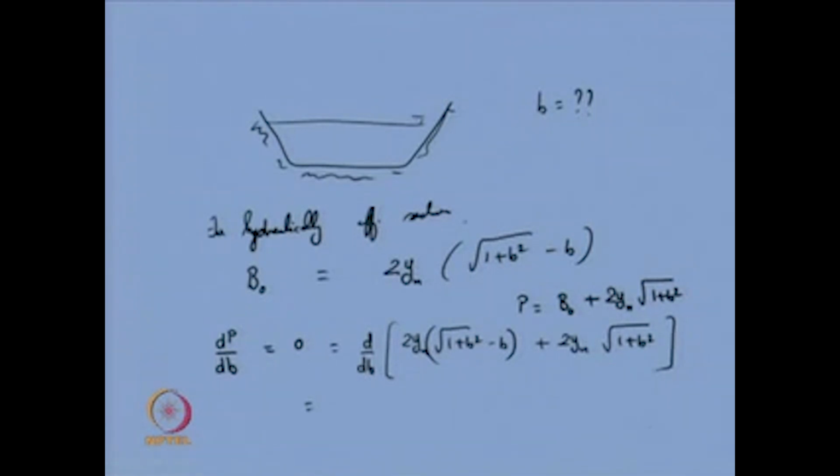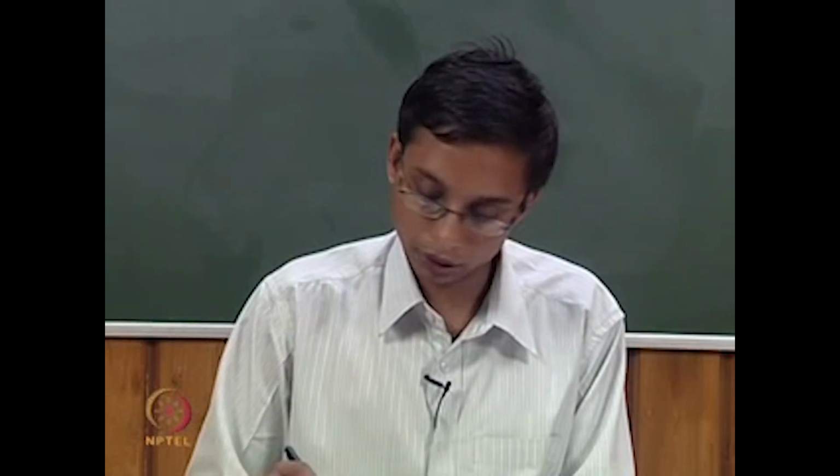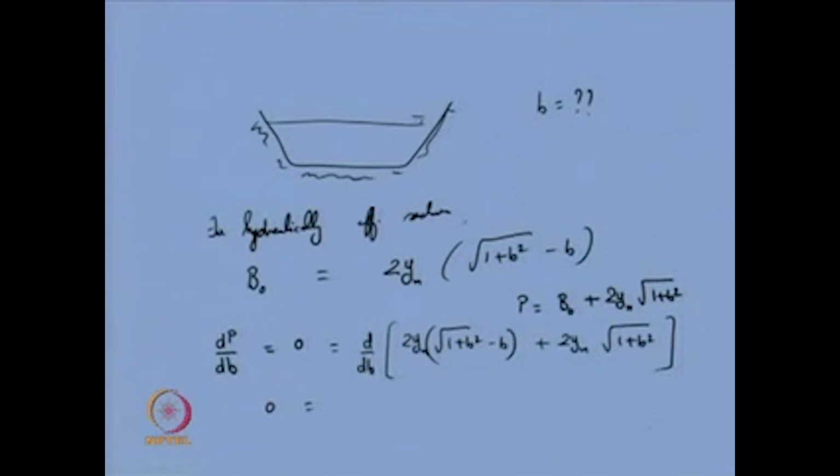I have worked it out and, on simplifying, I got 0 is equal to 1 plus m squared to the power of minus half, m, this is twice, minus 1 equal to 0, or m by root of 1 plus m squared is equal to half.